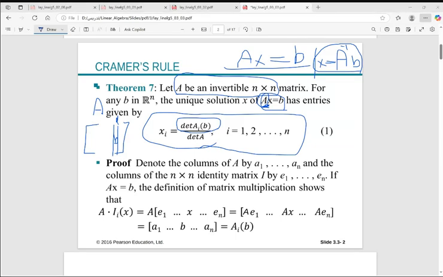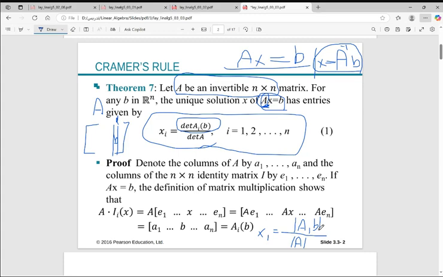Doctor, that means A1B, A2B, A3B. Yes. It means x1, for example, which is the first entry of x, equals determinant of A1B over determinant of A. So what is determinant of A1B?